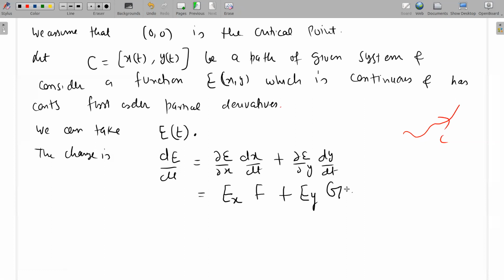Okay, so that is the change in that function, and we will put some conditions, and we will say that this E is a Lyapunov function. Or you can say, on what conditions is this function E known as Lyapunov function. Okay, so we have defined a function E, and with certain conditions, this function will be known as Lyapunov function.